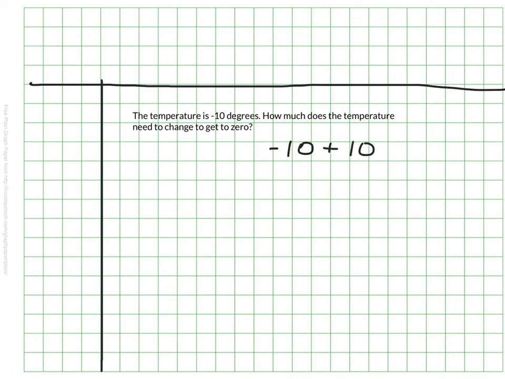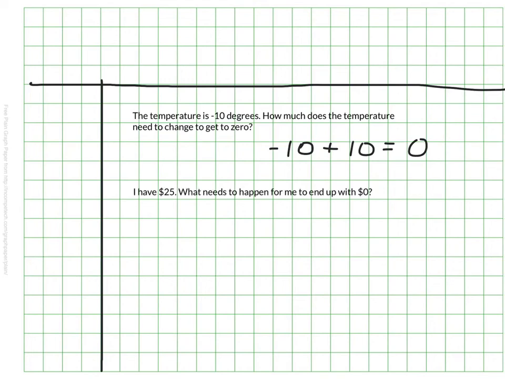And we can see this with real world story problems as well. So make sure you jot down these examples. For example, if the temperature outside is a freezing -10 degrees, how much would the temperature need to change to get to 0? Well, the opposite of -10 is 10. So if we were at -10, we would have to go up an extra +10, the opposite, to make it back to 0.